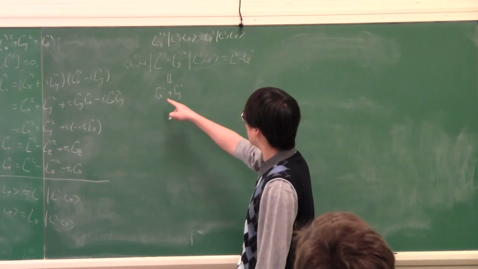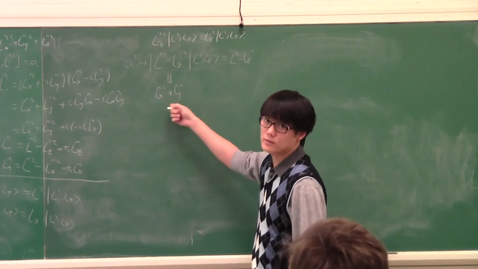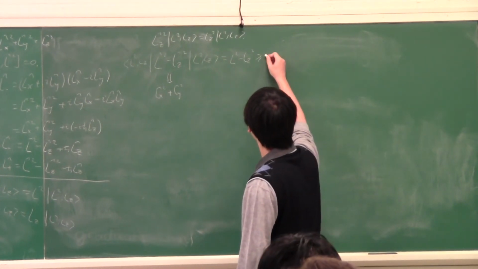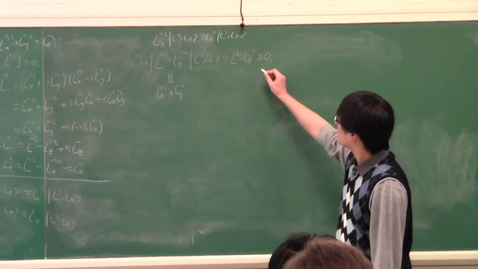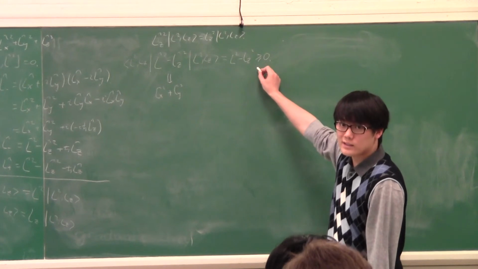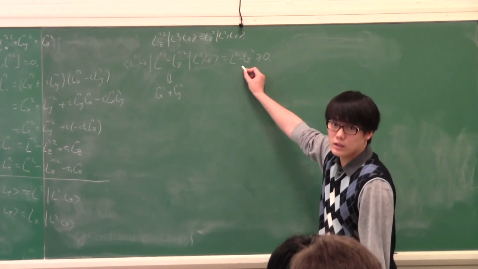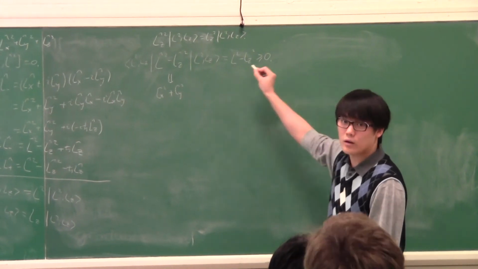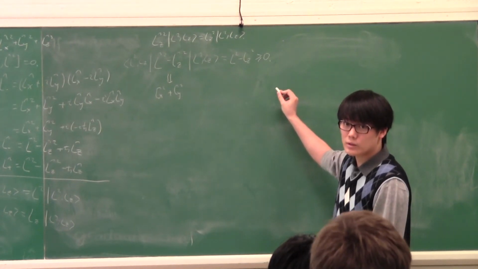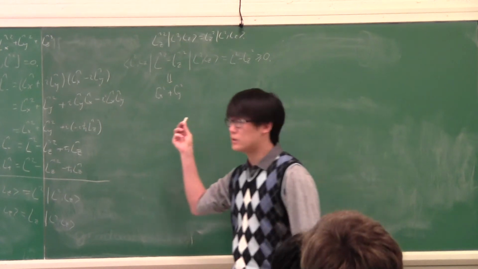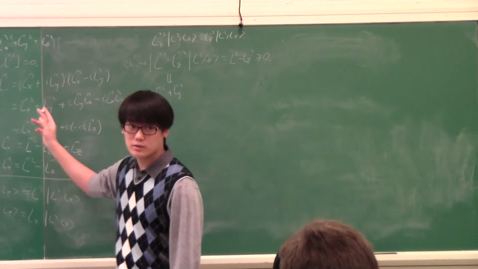So we can deduce that because these are non-negative, this must be greater than or equal to 0. So the requirement that the rotation in the z direction does not exceed the total amount of rotation is automatically satisfied in our operators. We didn't have to impose that as a separate requirement. This is already built in to these definitions.